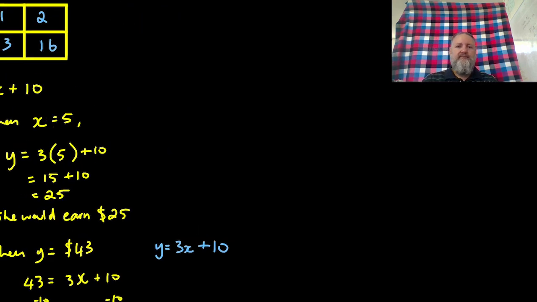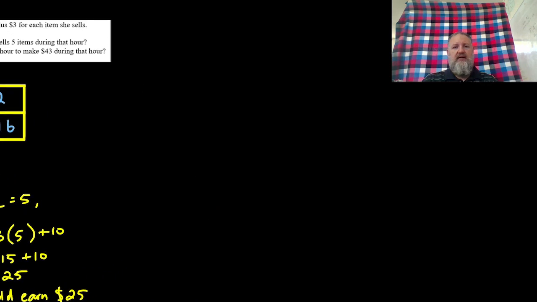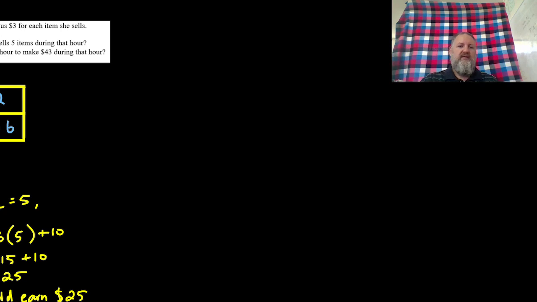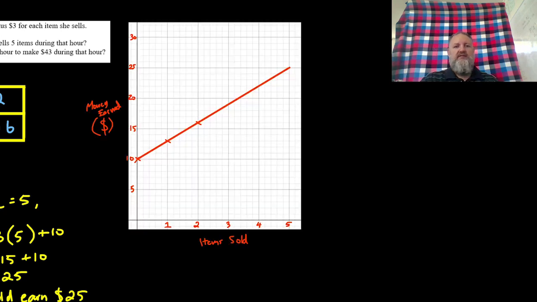The last thing I'll show you is a little bit of a graph of what this would look like. I'm going to just reveal it all. We have our graph all set up. You'll see that our x-axis is our items sold, our independent variable, and our money earned is our dependent variable.